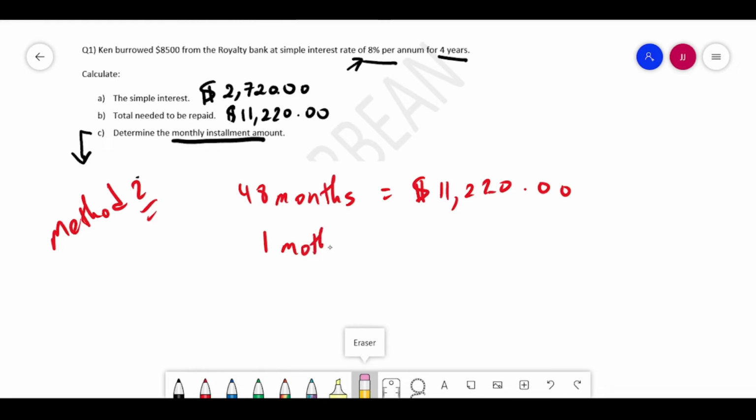I learned this from my secondary school chemistry teacher when we were doing moles, and I have used it ever since in math.